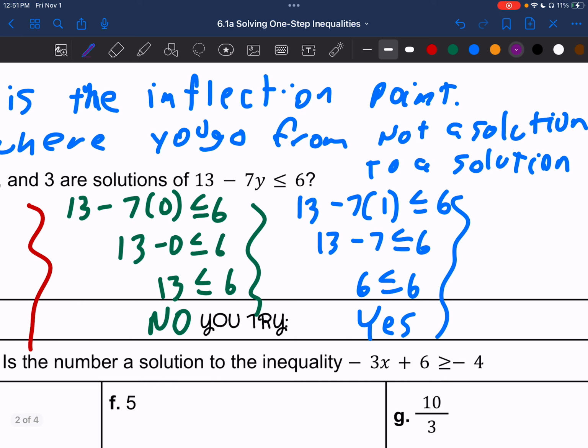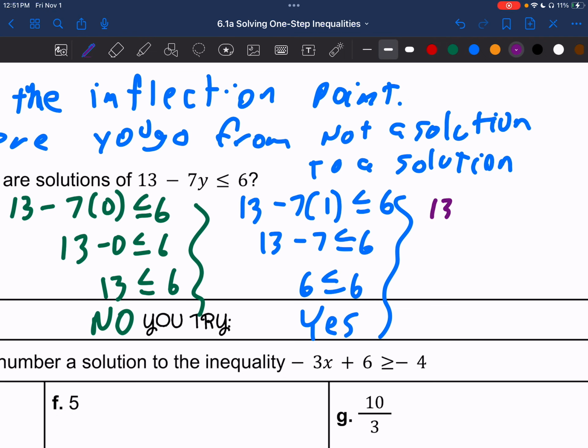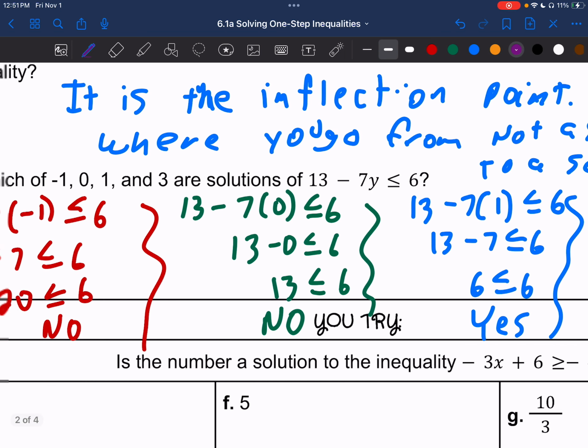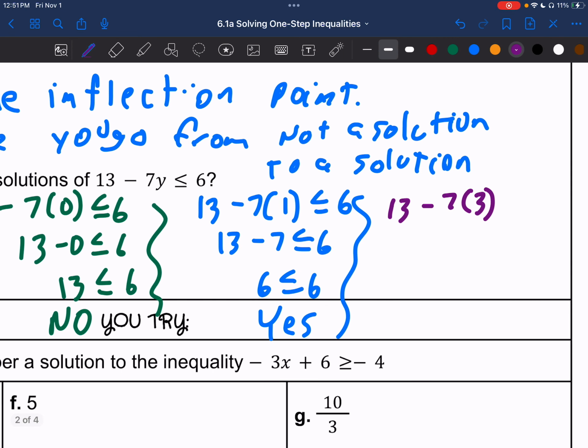And lastly, we are substituting in, wait, hold on, nope, we're substituting in 3 this time. We just did positive 1.